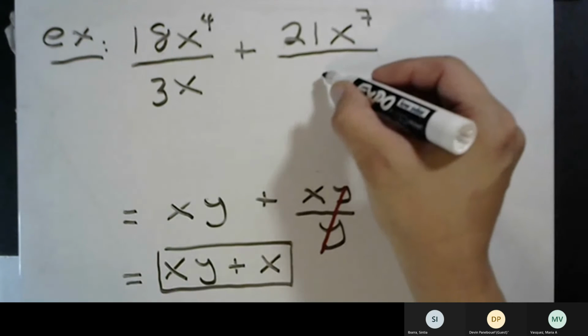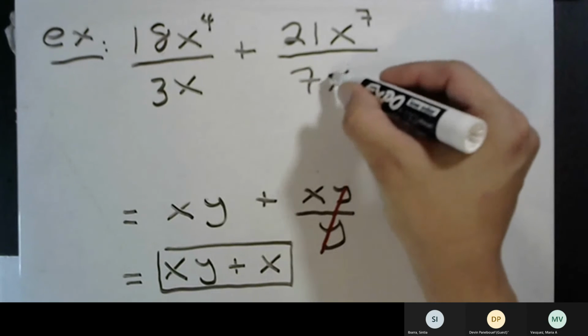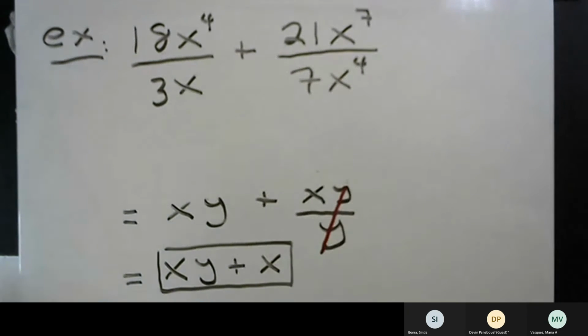I just want to point out one thing with that last example. If we take a look at our answer, this is a type XY. This is a type X. So these won't combine because they're not like terms. That's as far as we can go with it.